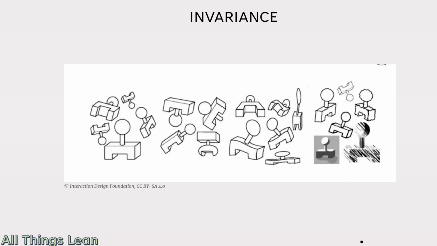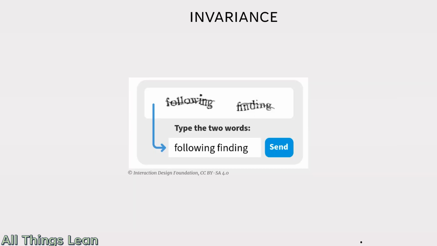This principle is crucial for recognizing faces, for example. Thanks to invariance, we can recognize our friends and family members from afar or a different angle even when they make funny faces. CAPTCHAs rely on the human ability to recognize shapes even if they are distorted.